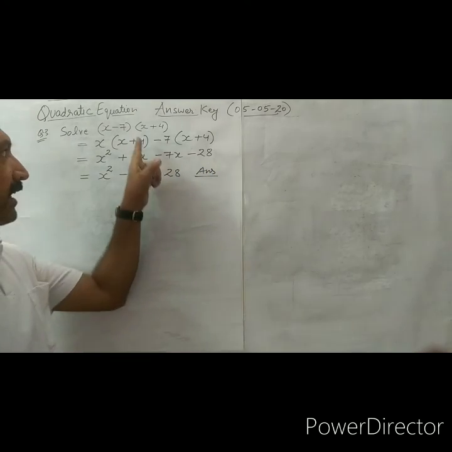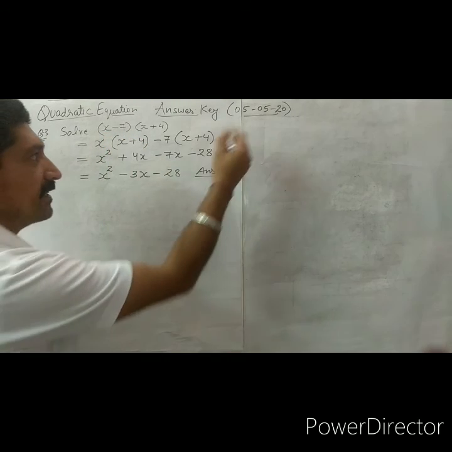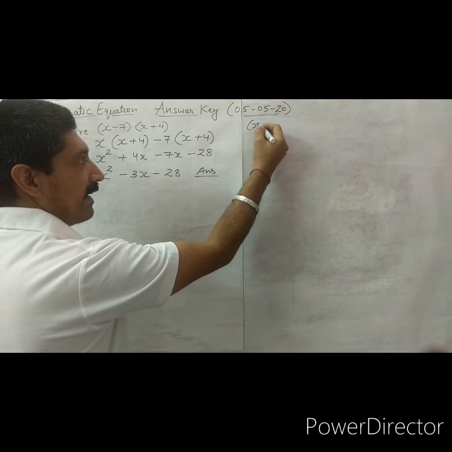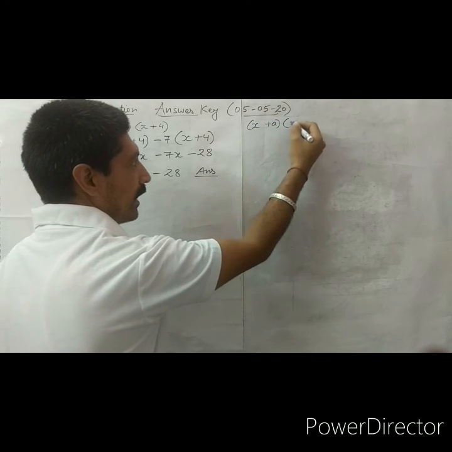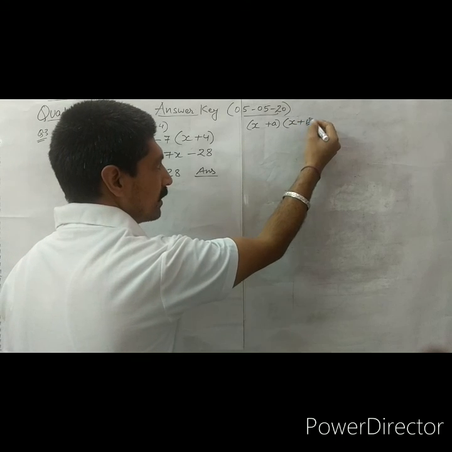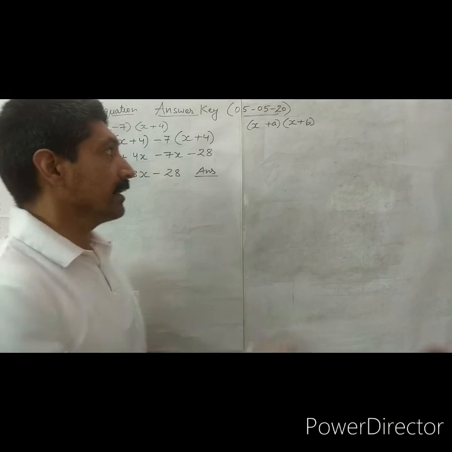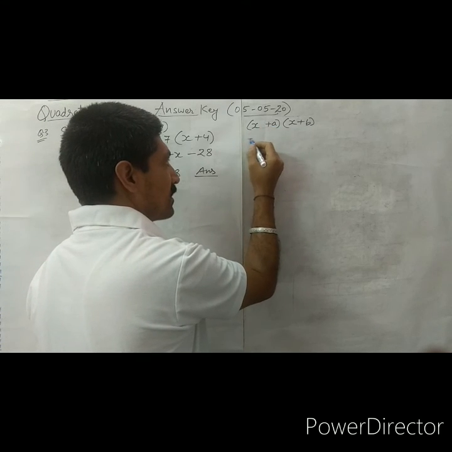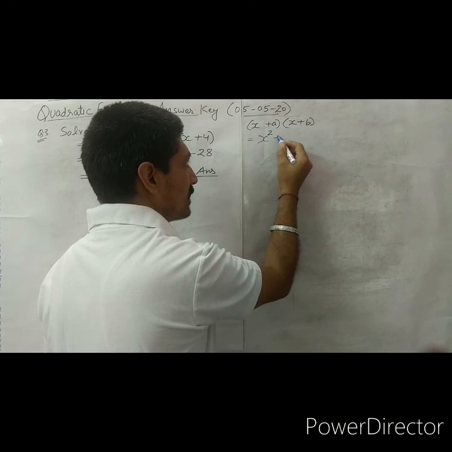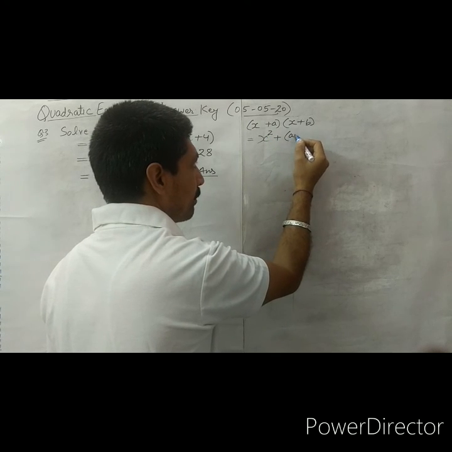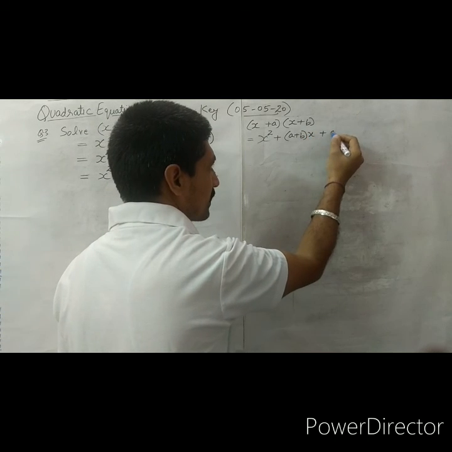We can even apply the identity here also. The identity is, if we have x plus a into x plus b, where a and b can be positive or negative, this is always equal to x square plus a plus b x plus ab.